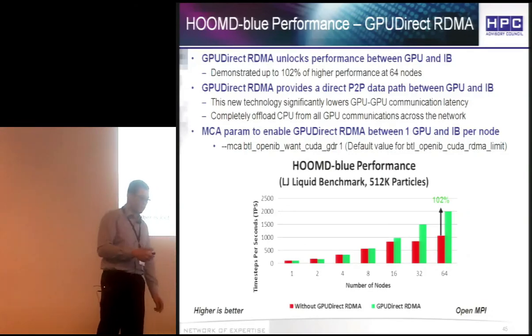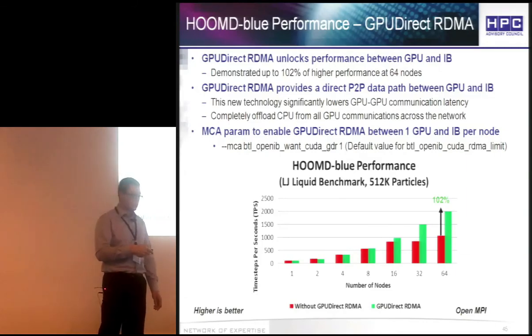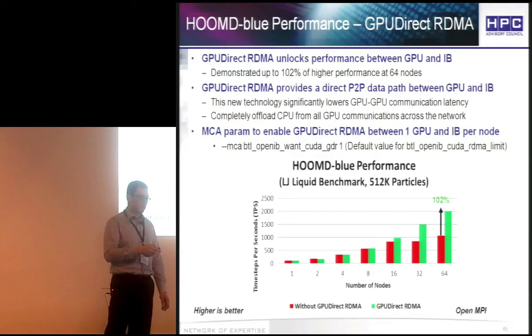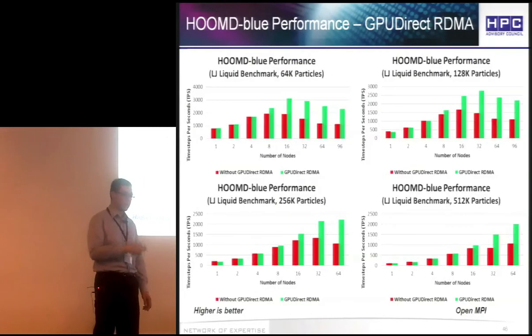The benefits start picking up around 8 nodes and so on. Without GPUDirect RDMA, you don't see good scalability there. I'm going to show you this in a subsequent slide on the similar profile that I showed you earlier.